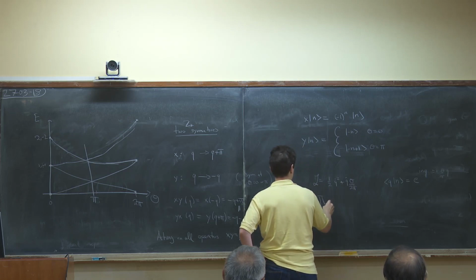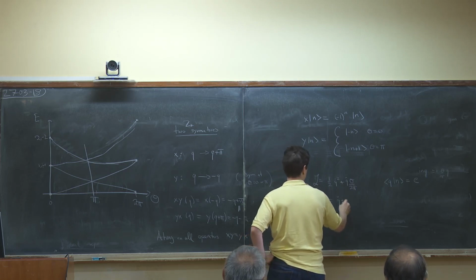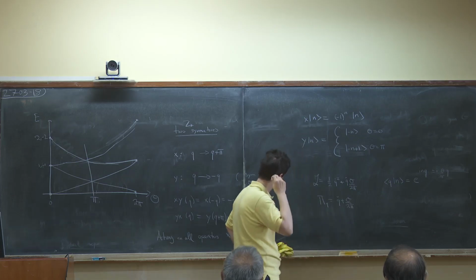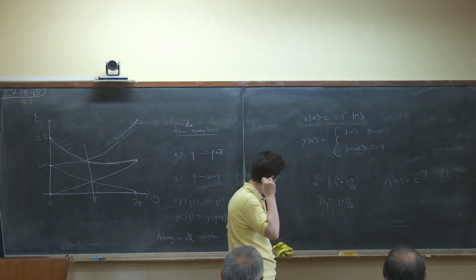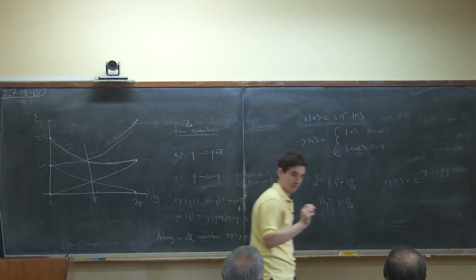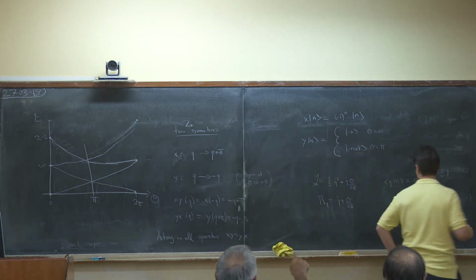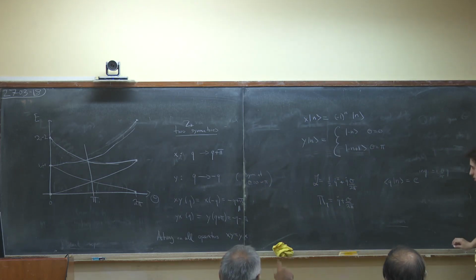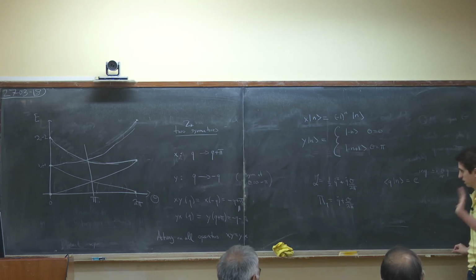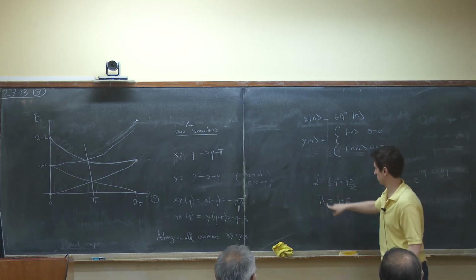And the conjugate momentum is q dot plus some theta, and this conjugate momentum has to be minus i d by dq. Yeah, exactly, that's what I did. And therefore the wave function was e to the i n q, and the energy spectrum was n minus theta over 2 pi, just by rewriting this in terms of this.